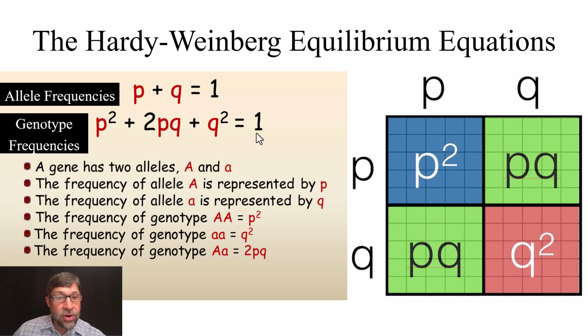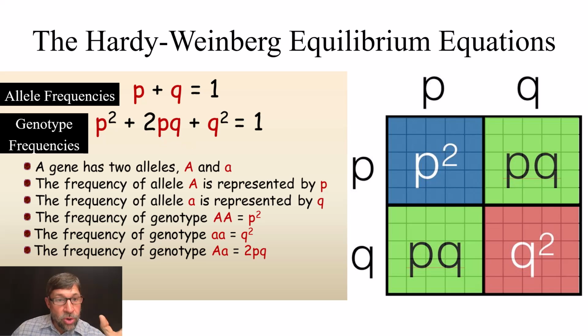Q squared is little a, the frequency of the homozygous recessives. And then if you look, PQ and PQ, those are the heterozygotes, but there's two of them in this Punnett square. Hence, 2 times P times Q.